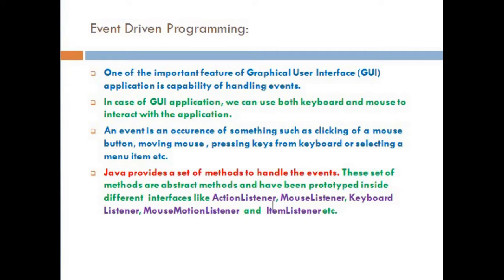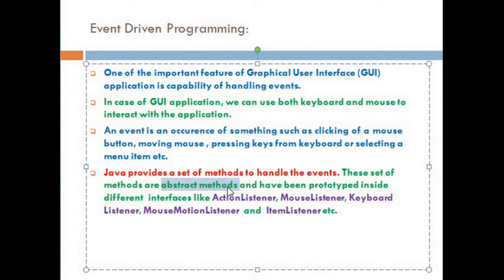Now listeners are those components of an event that define a method which executes a series of actions in response to the event. And the methods that we are talking about are simple and short. So those methods are the abstract methods.